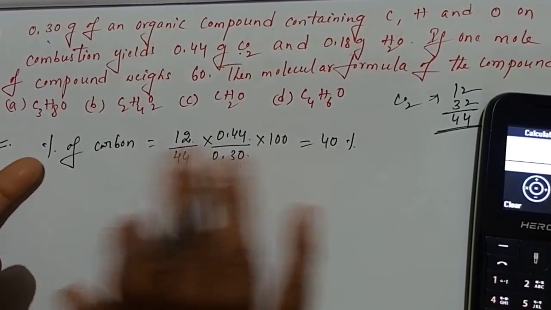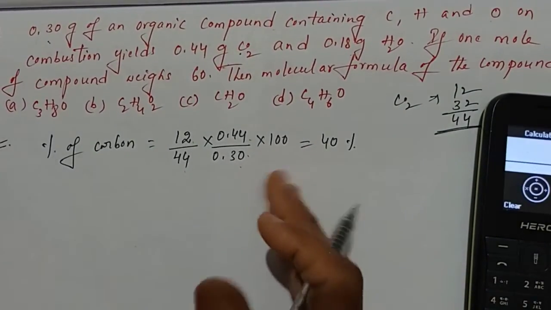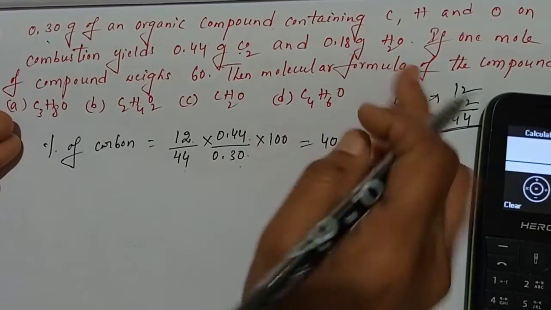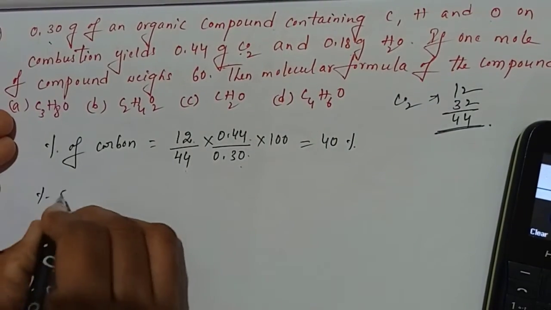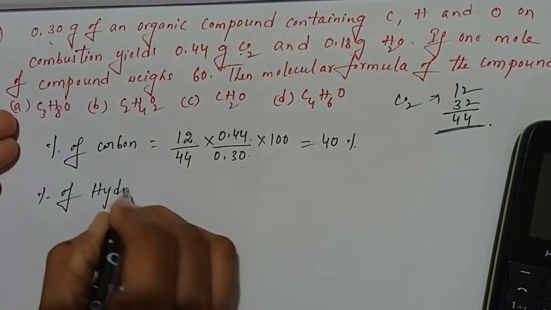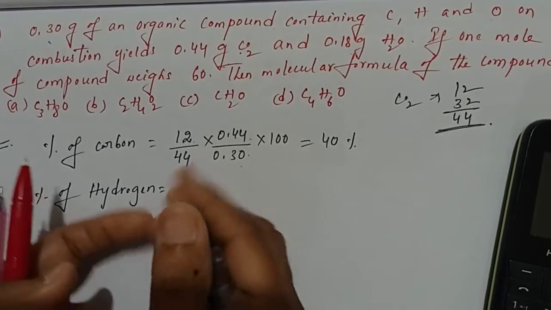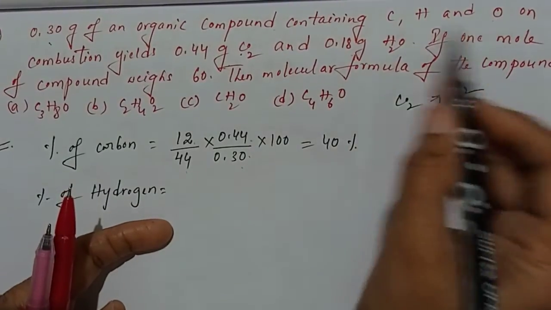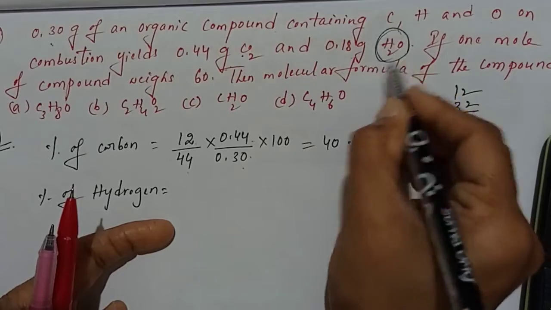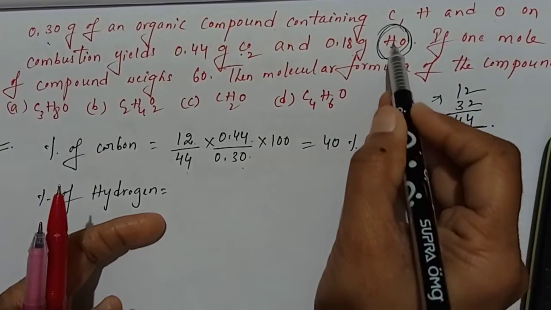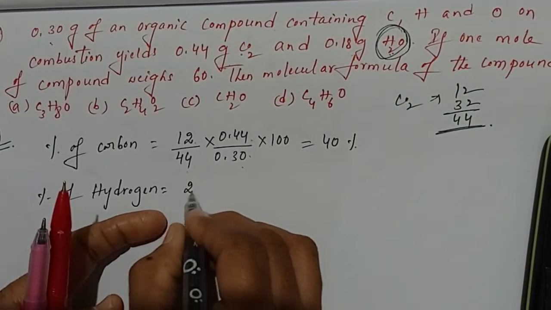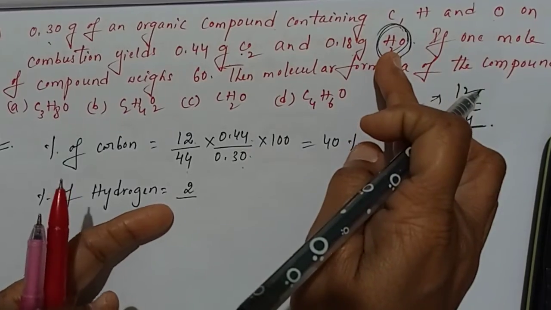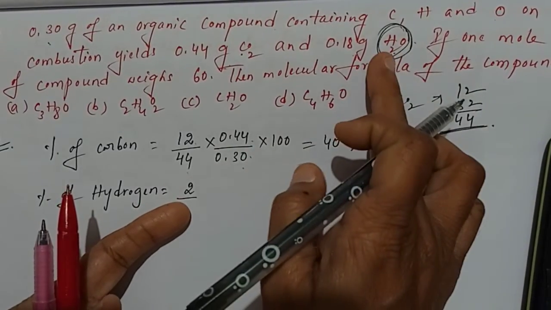Clear this one? So this is the percentage of carbon. Now I am going to calculate the percentage of hydrogen, students. How to find it? In the water molecule, how many hydrogens are there? 2 hydrogens, that's why 2 is the atomic mass of hydrogen. H2 is there, that's why 2.